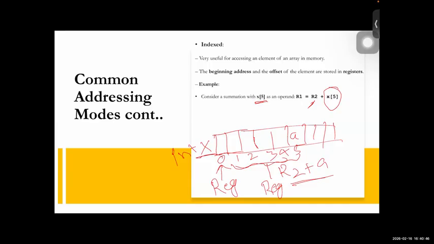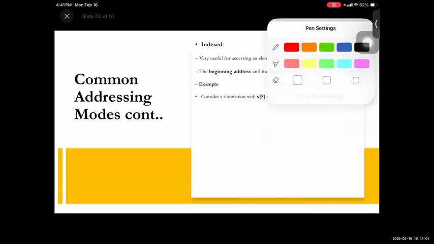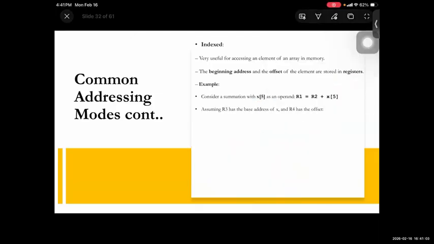Assuming that the R1 and R2 registers are used here, some other temporary registers are used for storing the beginning address and the offset. Let us assume the R3 register has the base address of this array, and the R4 register holds the displacement or offset of the element.